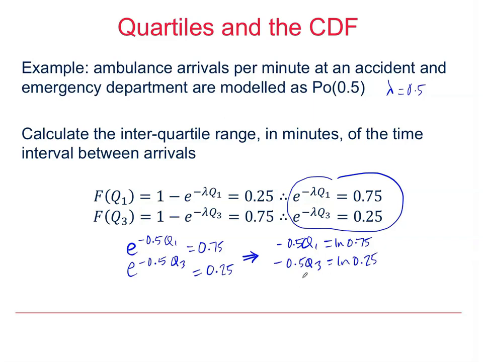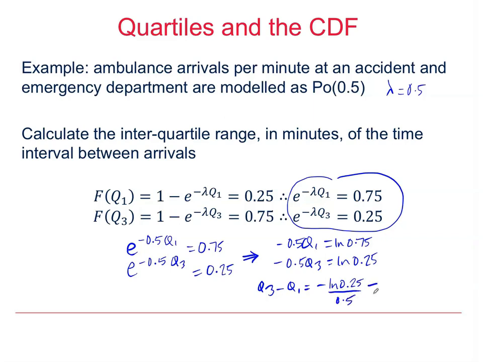Now remember, what we're looking for is Q3 minus Q1. So how we're going to get to that then, Q3 minus Q1, that's going to be minus ln of 0.25 divided by 0.5.